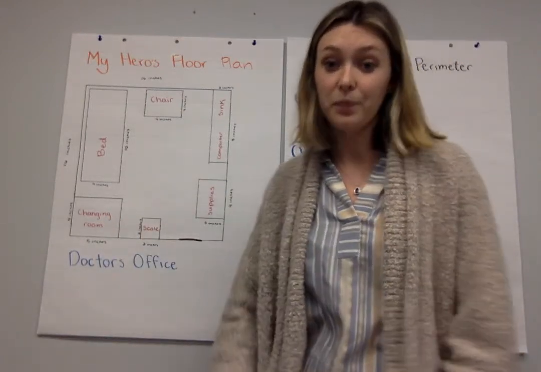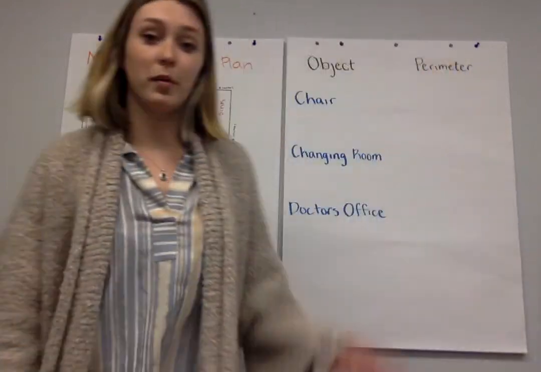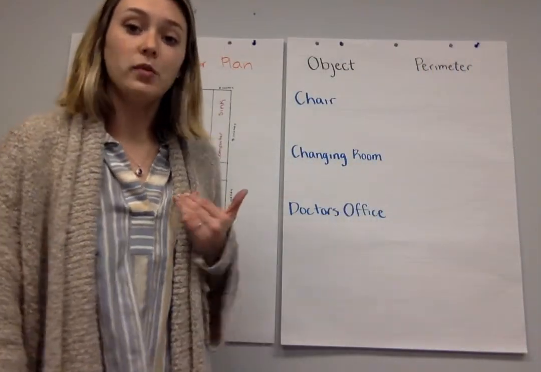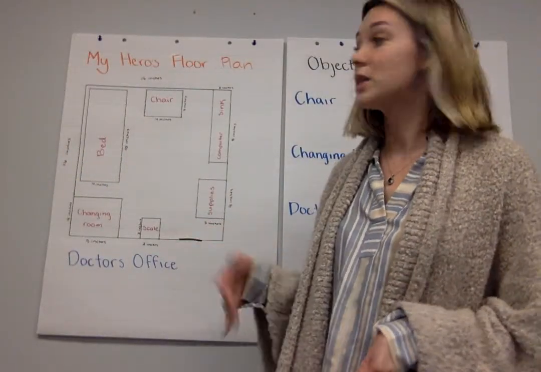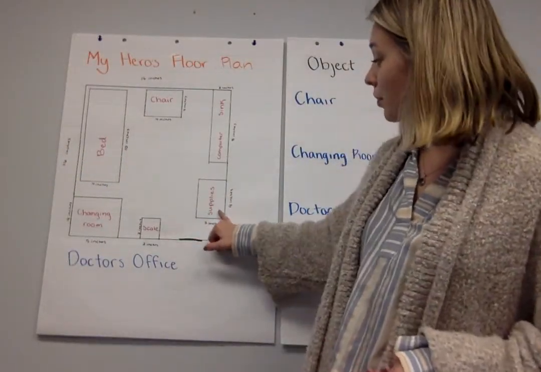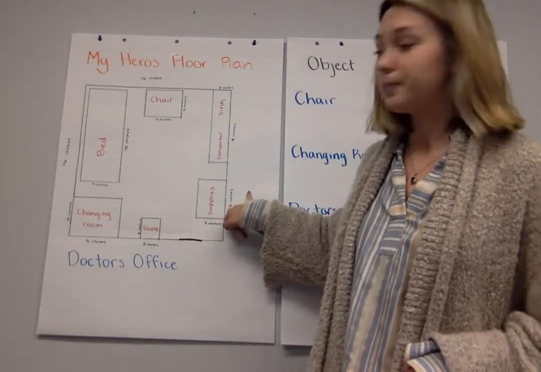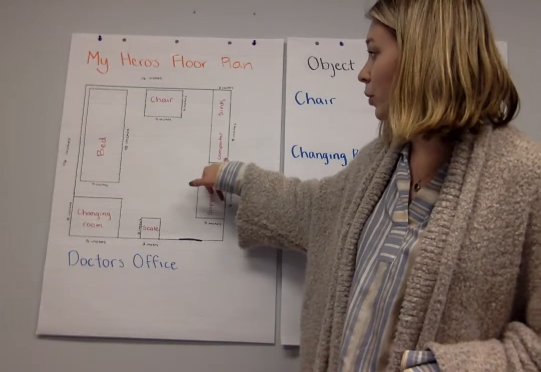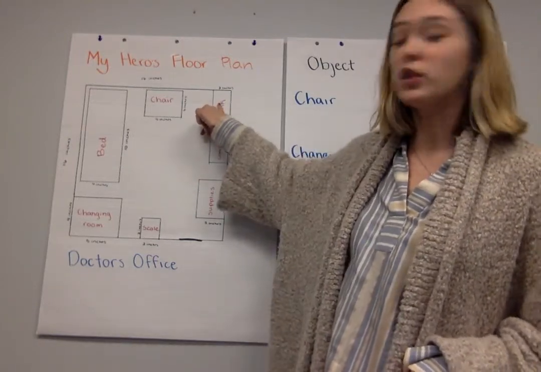Last time we worked on finding the perimeter and the area of different objects within the firehouse, but today I want to do that for a doctor's office. So our supply cabinet is 3 inches by 4 inches. Our table with the computer and the sink is 8 inches by 2 inches.